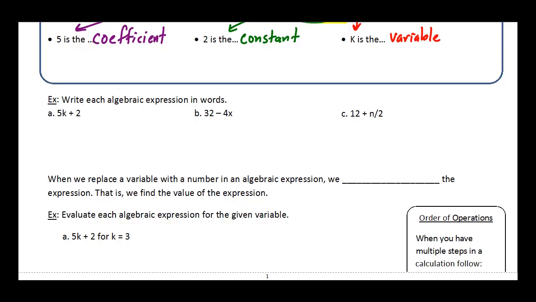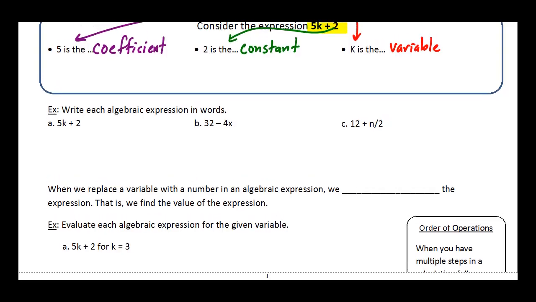Let's try going from an algebraic expression and writing it into words. My first example here, 5k plus 2. Well, I guess I could just think of this as 5 times a number plus 2.